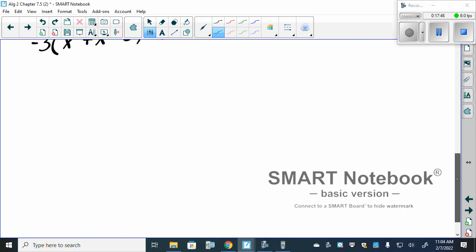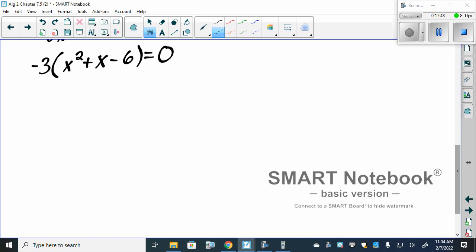Any questions on this here before we finish this up by factoring? Now, because the 6 is negative, our signs are going to be opposite. One's going to be positive, one's going to be negative. Now, the factors of x squared are x and x.